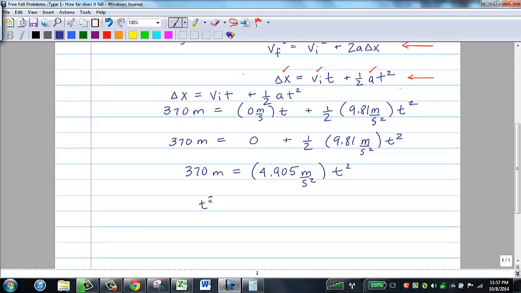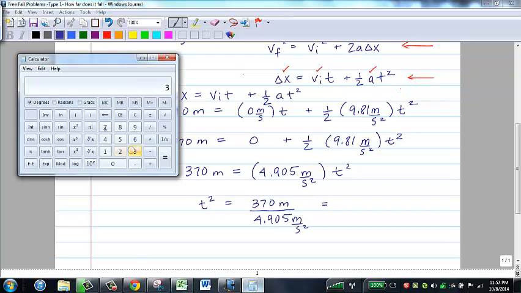So t squared equals 370 meters divided by 4.905 meters per second squared. So 370 divided by 4.905 is equal to 75.4332, and so on. I'm going to just write 75.